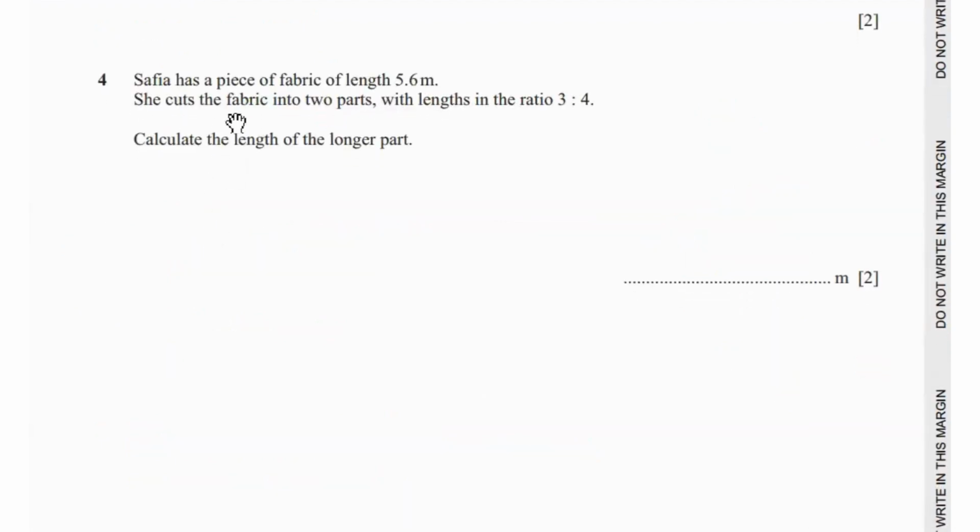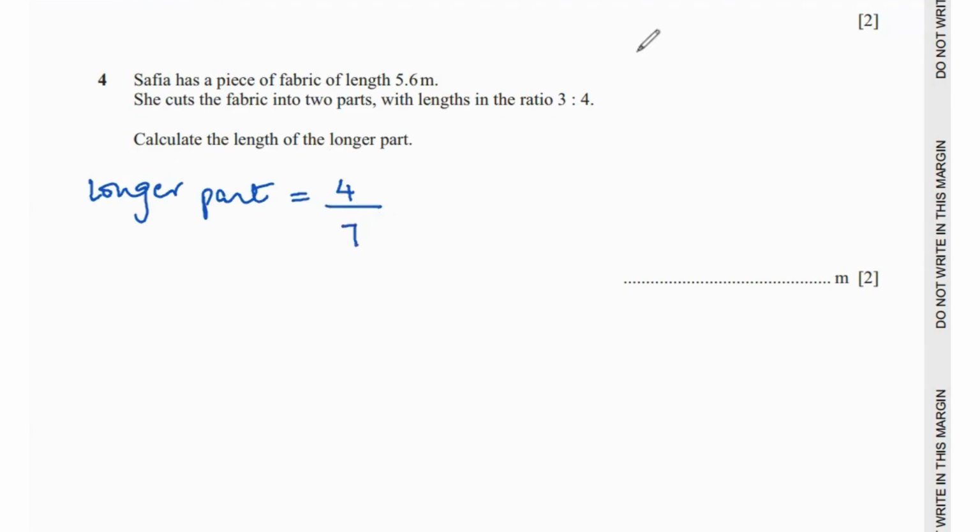Question 4 says Sophia has a piece of fabric of length 5.6 meters. She cuts the fabric into 2 parts with lengths in the ratio of 3:4. Calculate the length of the longer part. So first thing you're going to do is create a fraction out of the ratio for the longer part. So that's going to be 4 over 7.